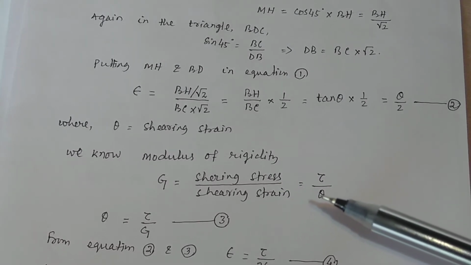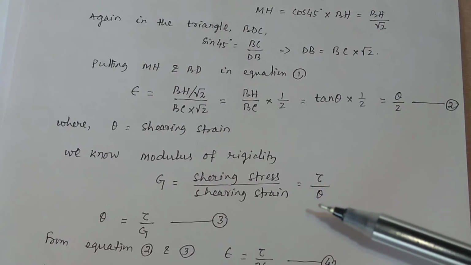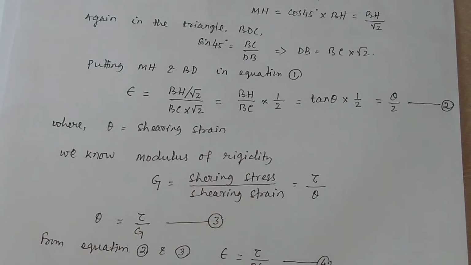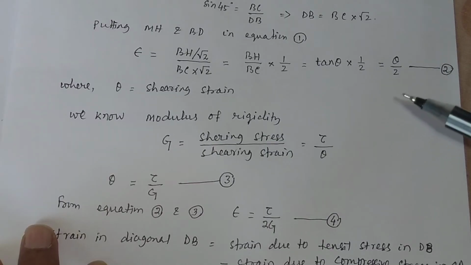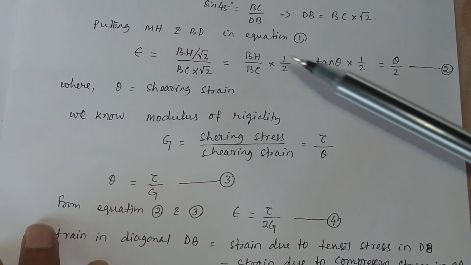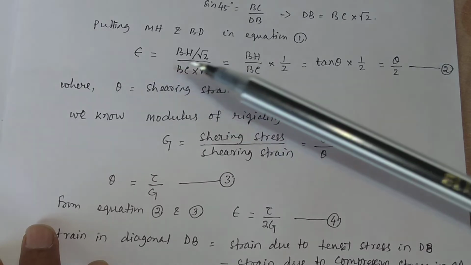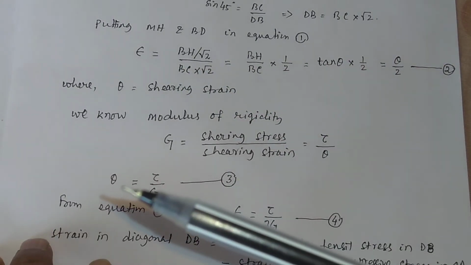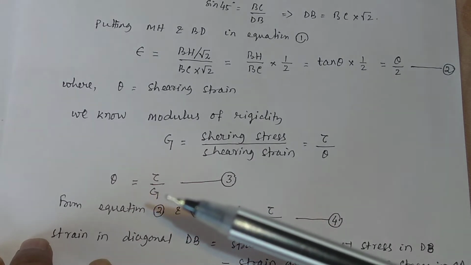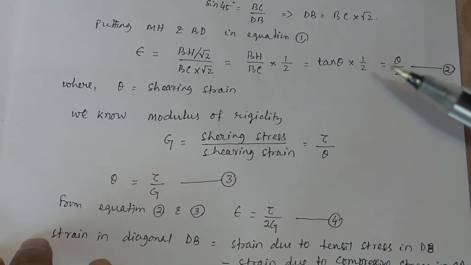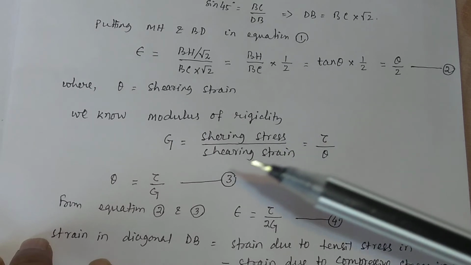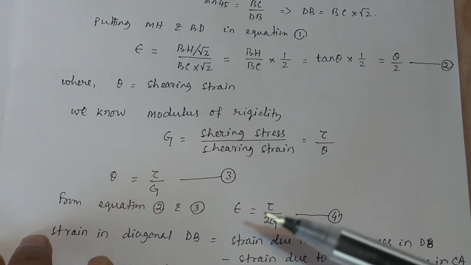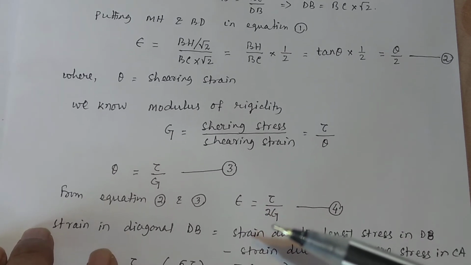So G equals tau divided by theta, so theta will be equal to tau divided by G. From equation 2, epsilon, the longitudinal strain, is equal to theta divided by 2, and from equation 3, theta equals tau divided by G. So theta is equal to 2 epsilon, so 2 epsilon is equal to tau divided by G. So epsilon will be equal to tau divided by 2G. Suppose this is equation number 4.